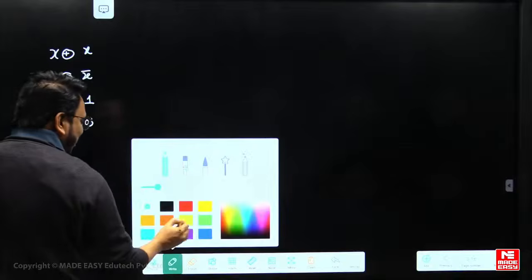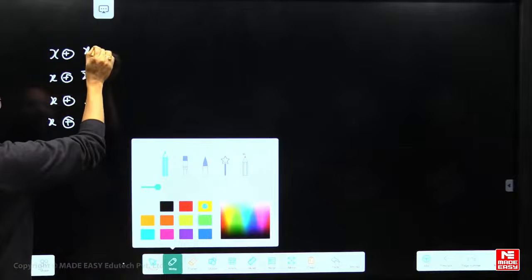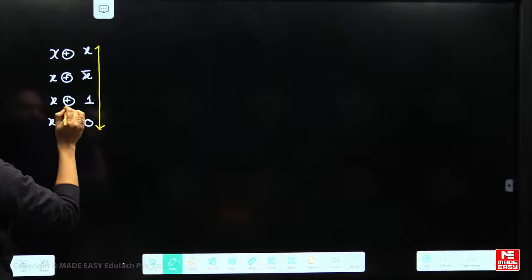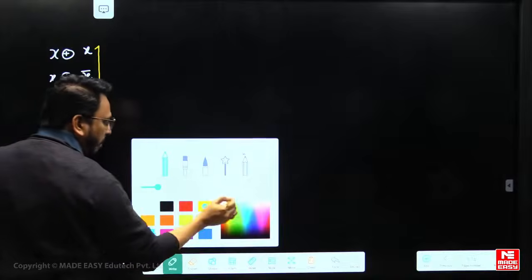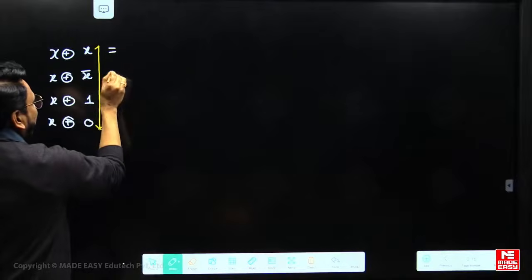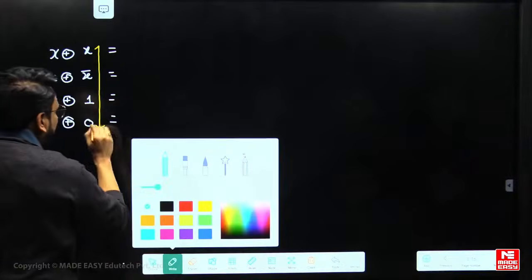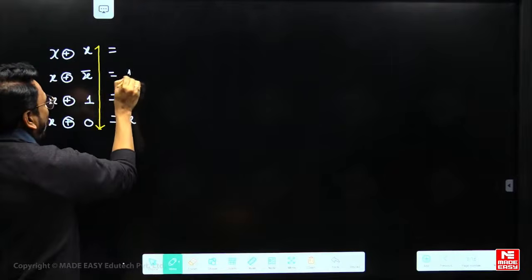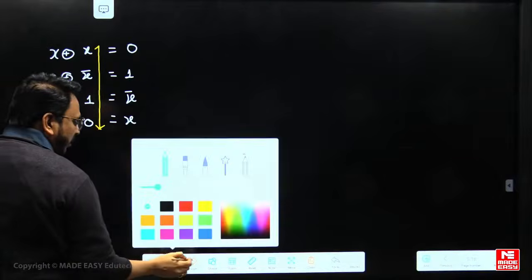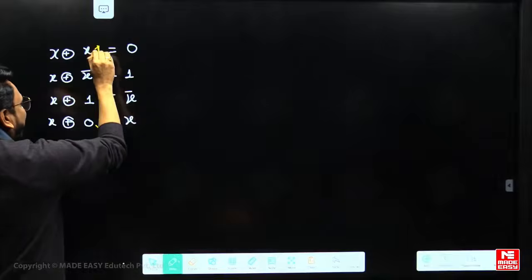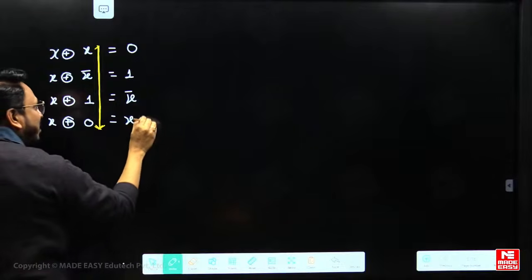For example, this order is like this, and you make this one in this manner: X bar 1 0. That means the order is reversed in this manner.